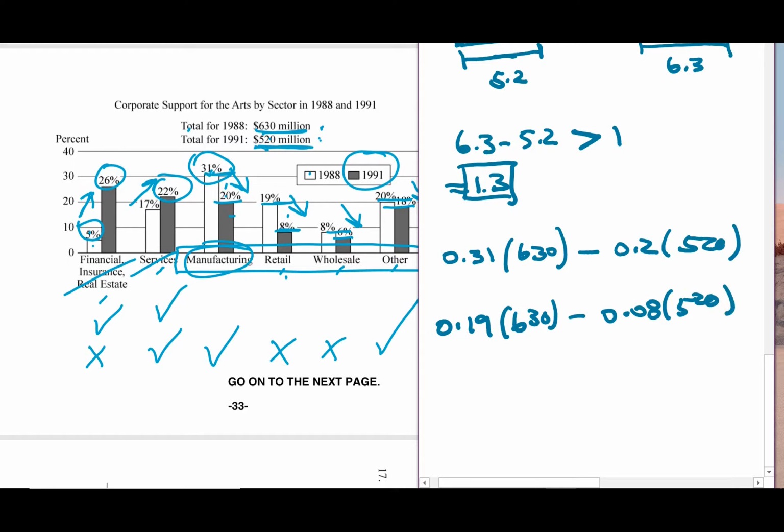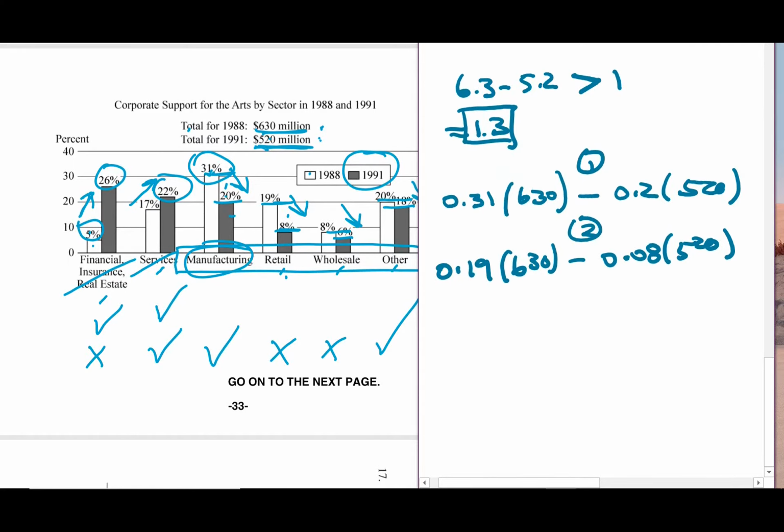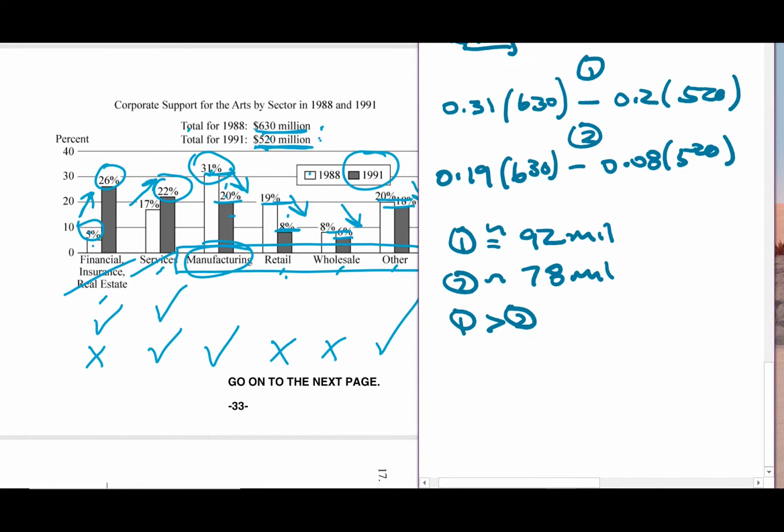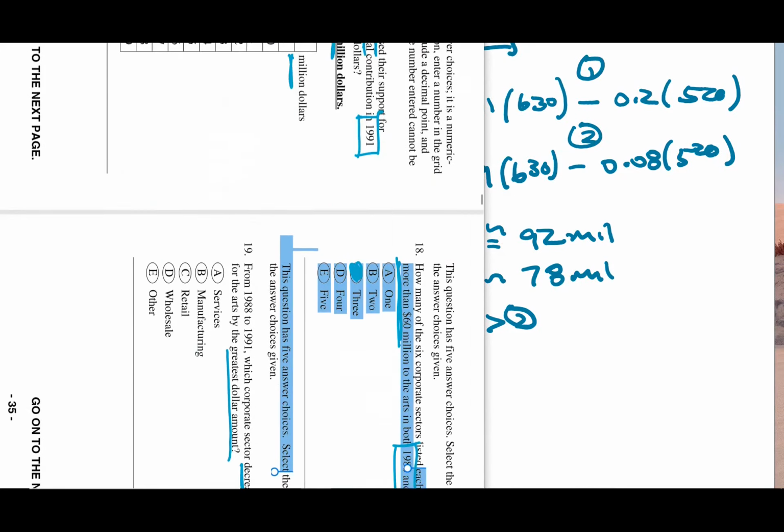This is case 1, this is case 2, and we find that case 1 is approximately 92 mil, and case 2 is approximately 78 mil. Of course, case 1 is greater than case 2, so it was a larger difference. Basically, that's what the question is asking, which.